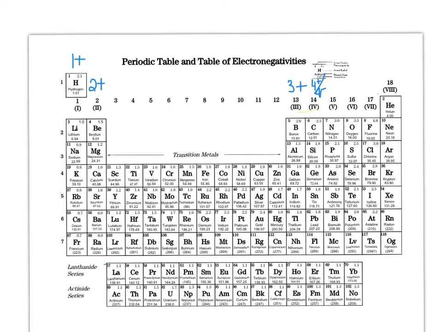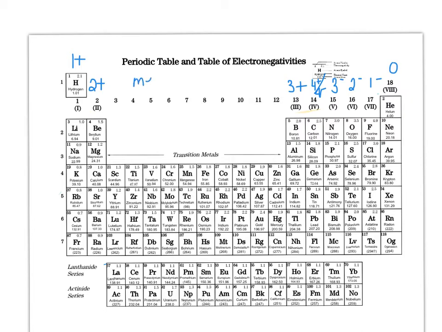So group 15 has 5 valence electrons. It's a non-metal, so it gains. They gain electrons, so they want 3 more to be full. Group 16 wants 2 more to be full. Group 17 wants 1 more to be full. They have 7, 1, 8. And then the noble gases don't add any electrons because they're already full. So elements are going to gain or lose electrons depending on whether they're a metal or a non-metal.